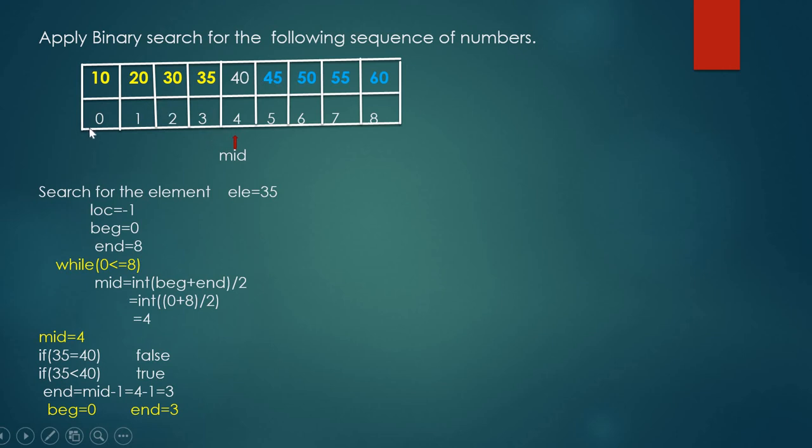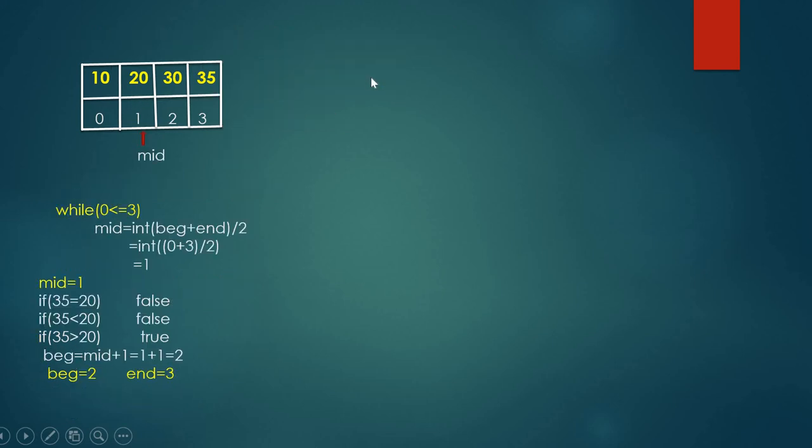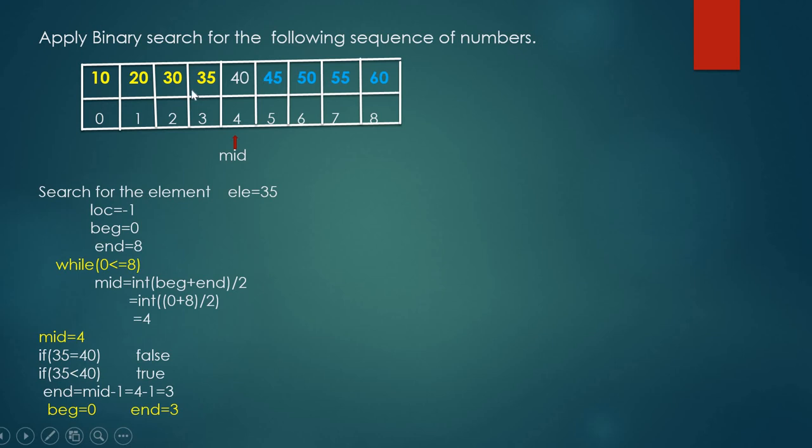Initially beginning was 0 and end was 8. Since the element to be searched, 35, is less than 40, we need to avoid the right part, the right side. So we change end to mid minus 1. The beginning value is not changing.